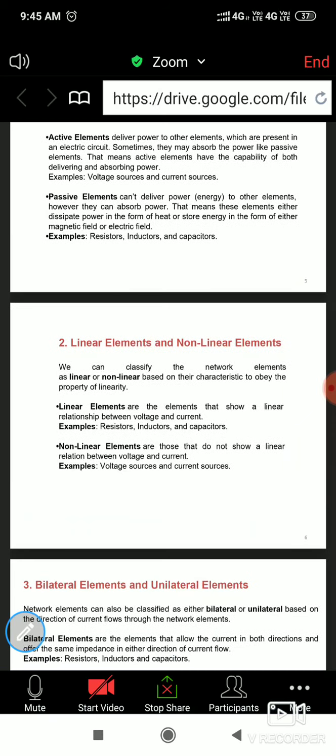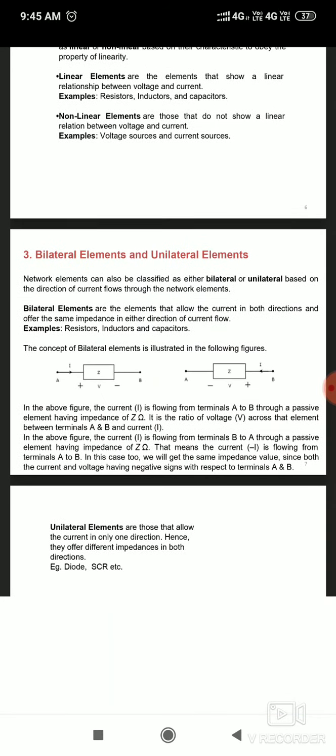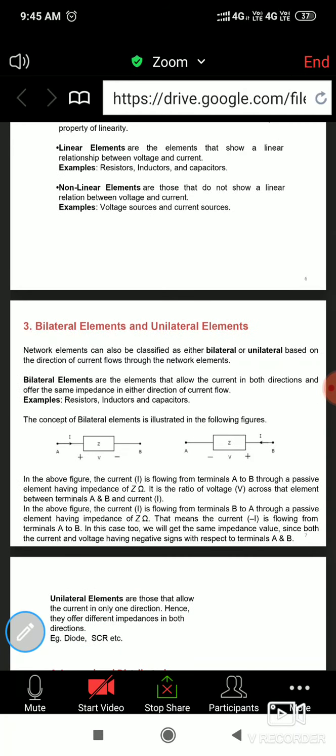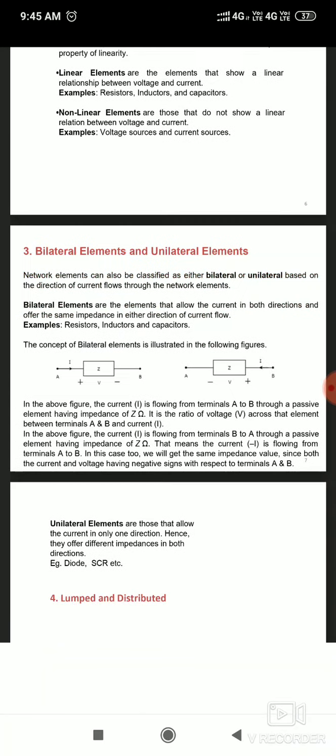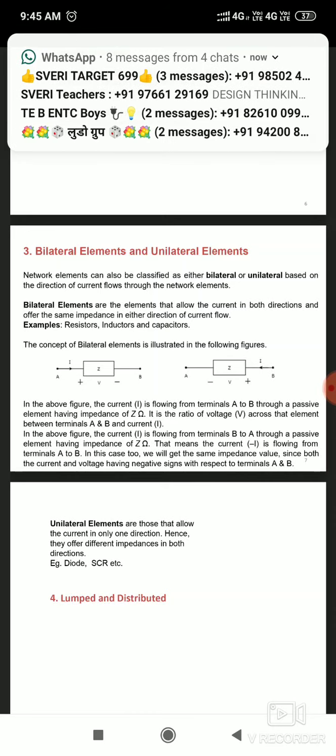Now next one, bilateral and unilateral. Bilateral elements are those which allow the current in both directions, and even though current is flowing in both directions, the response, meaning the voltage across that particular element, will be the same. It is not affected by the change in direction of current.